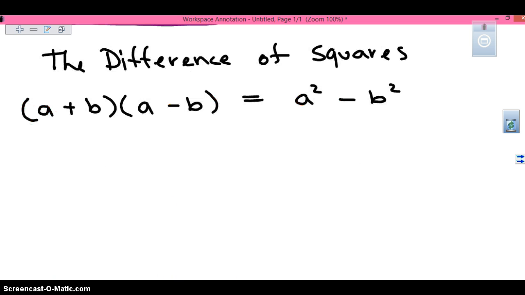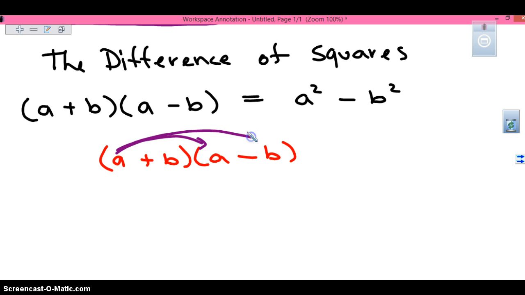Yes. The difference of squares: (a plus b) times (a minus b) is equal to a squared minus b squared. Now, if we actually use the FOIL method, or the distributive method, you can see that this is true.